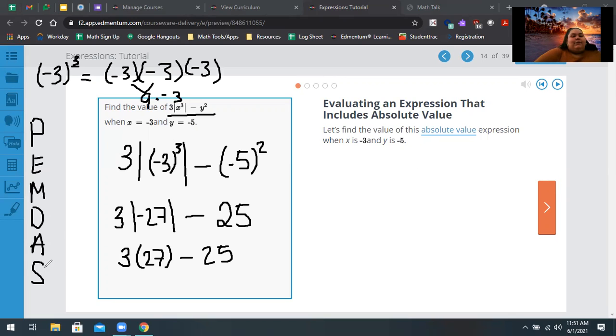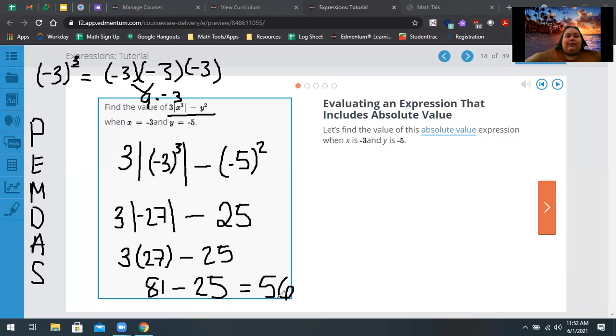And then that final step would be subtracting. So right here, the next part is multiplying 3 times 27. So 3 times 27 is 81. Then I bring the rest down. So 81 minus 25. When we subtract that, we get 56.